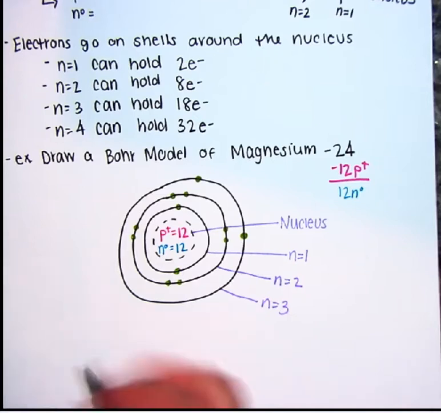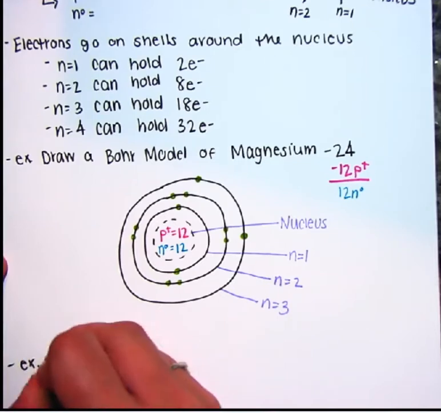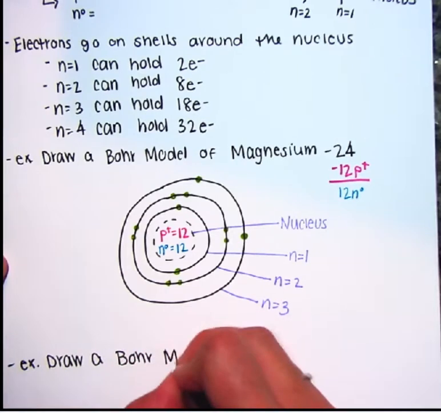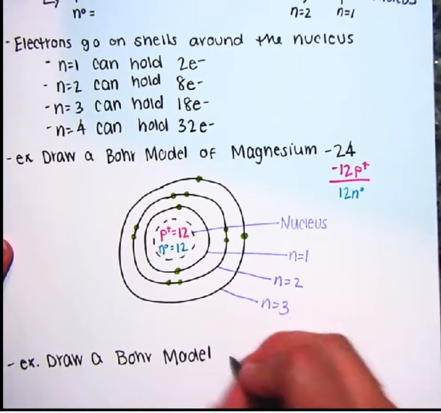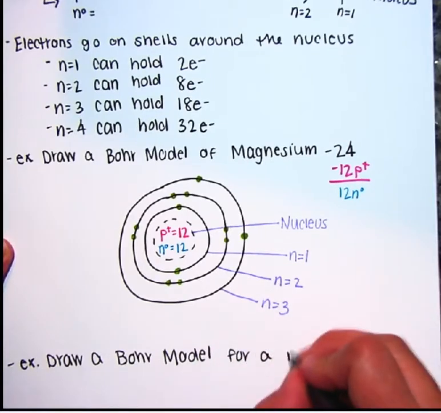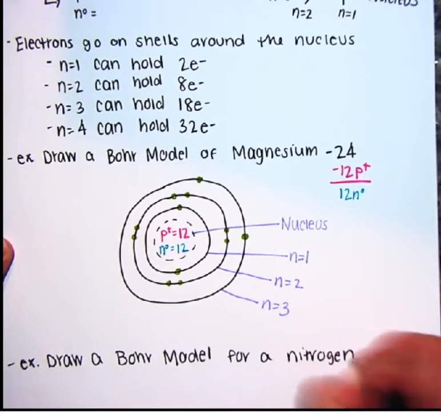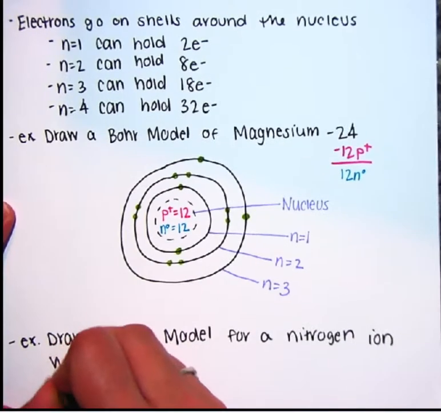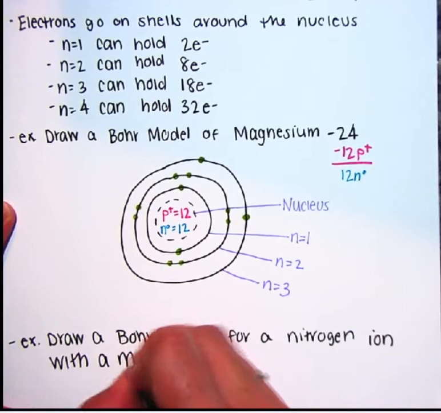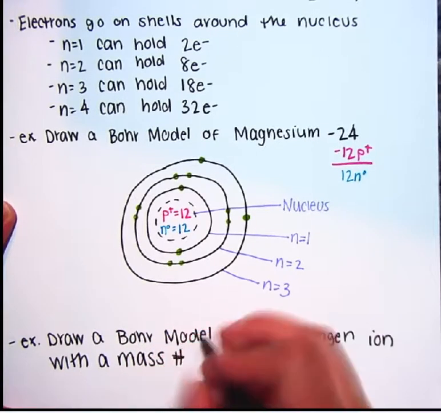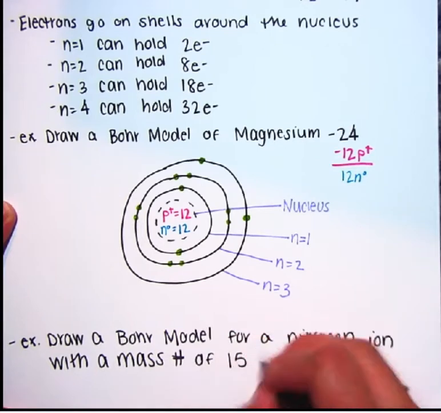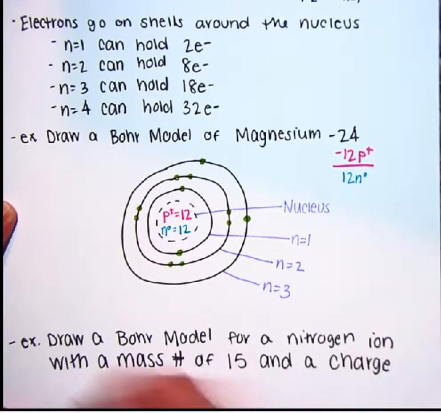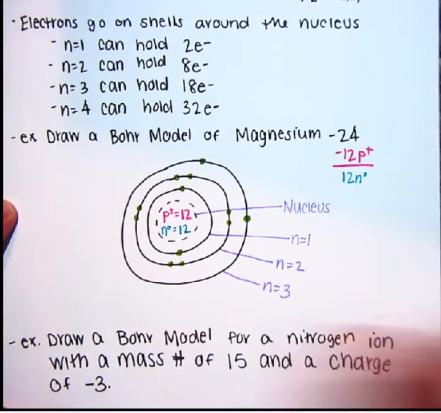All right, try one on your own. Draw a Bohr model for a nitrogen ion with a mass number of 15 and a charge of -3.